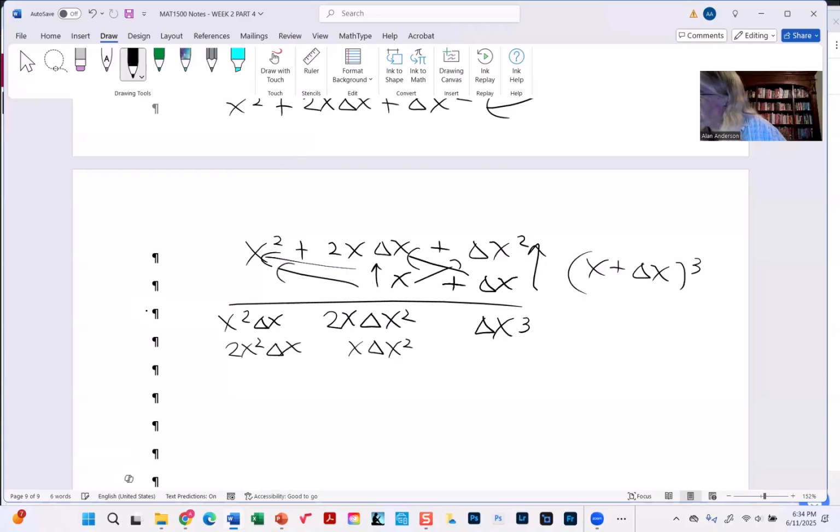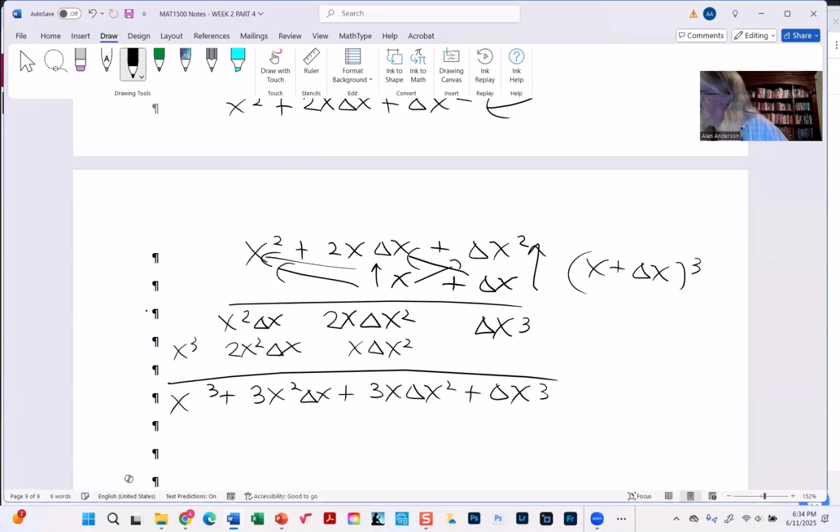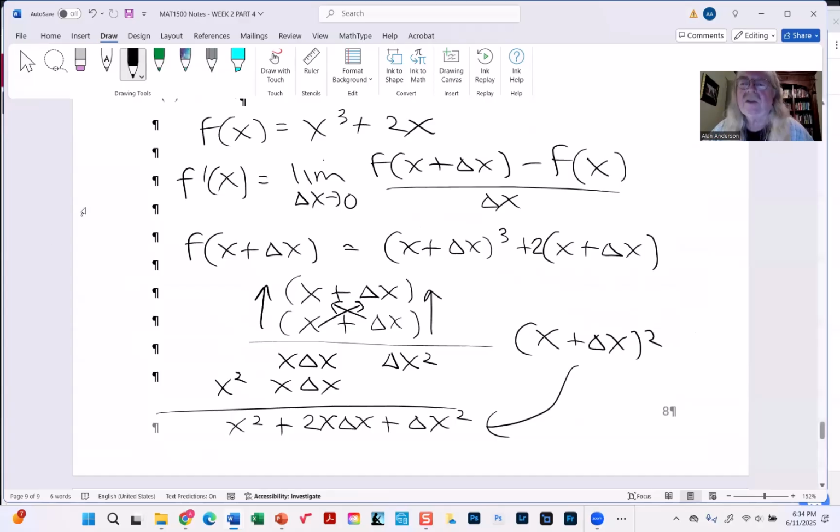And then finally down here we have x cubed. Add these up. Okay. So that was a lot of work.